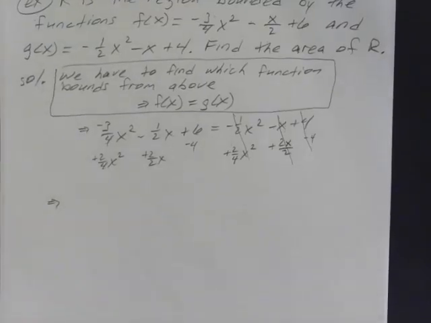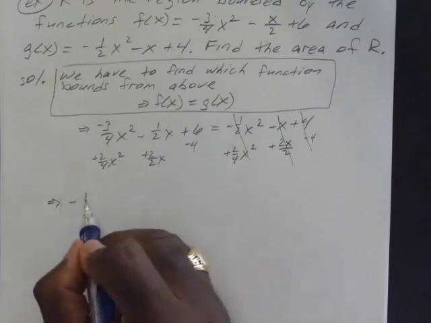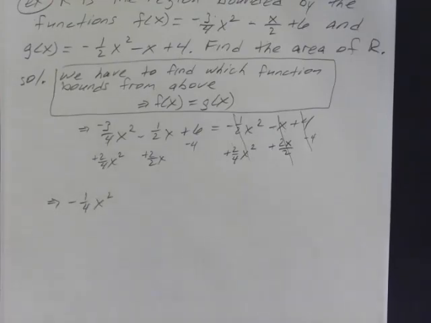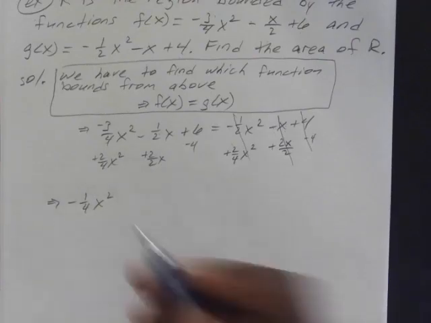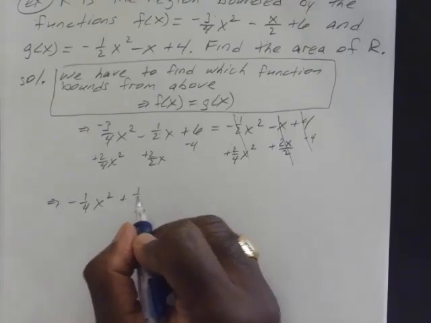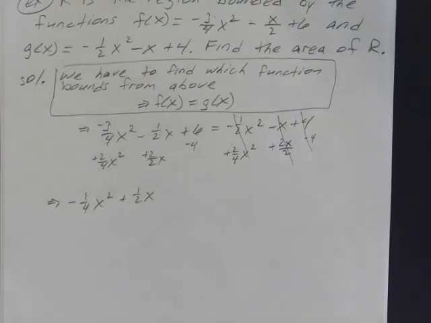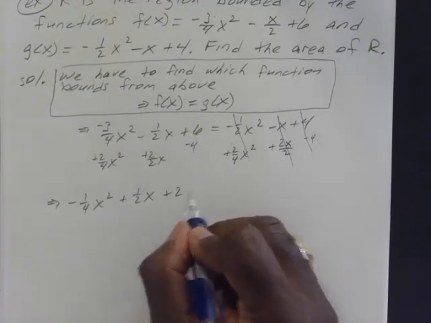Okay, so now if we simplify the left side, we have negative 3/4 plus 2/4, which is negative 1/4 x squared. So negative 1/2 plus 2 over 2 is just positive 1/2, or you can say negative 1/2 plus 1, same thing. And 6 minus 4 just gives us 2.